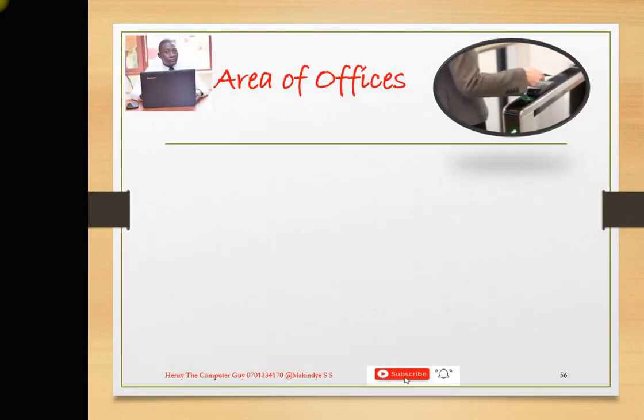So we look at the application of ICT or computers in the area of offices. Many people have offices and have computers there. What are they used for? For example, keeping of the records, making some, let's say, receipts, labels of some items in the office, communication, and others, as we are going to be looking at them.